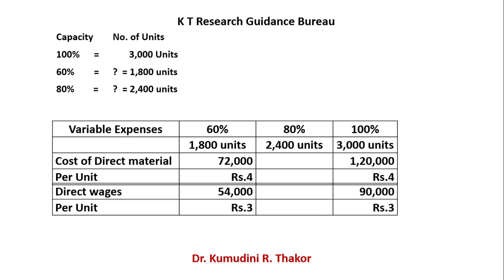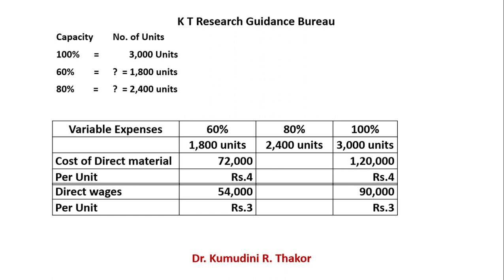Another one is wages. Wages 54,000 and 90,000. For 60%, your number of units are 1800. So 54,000 by 1800 equals per unit rupees 3. And for 100% capacity, it is 90,000 by 3000 equals rupees 3.